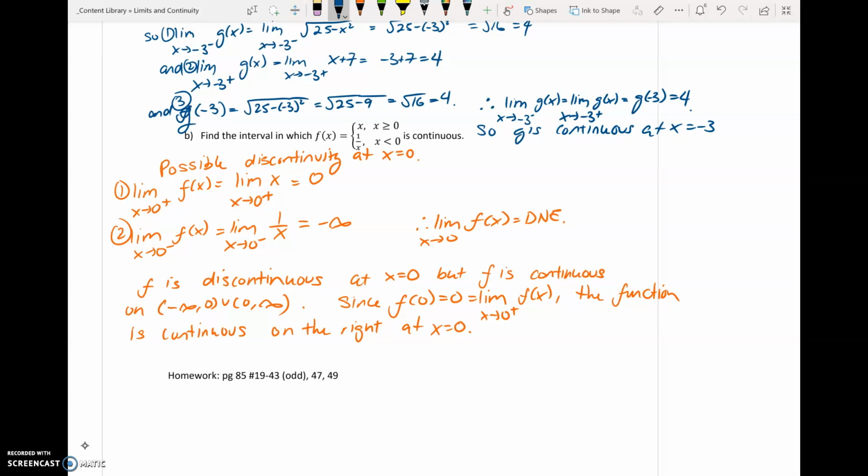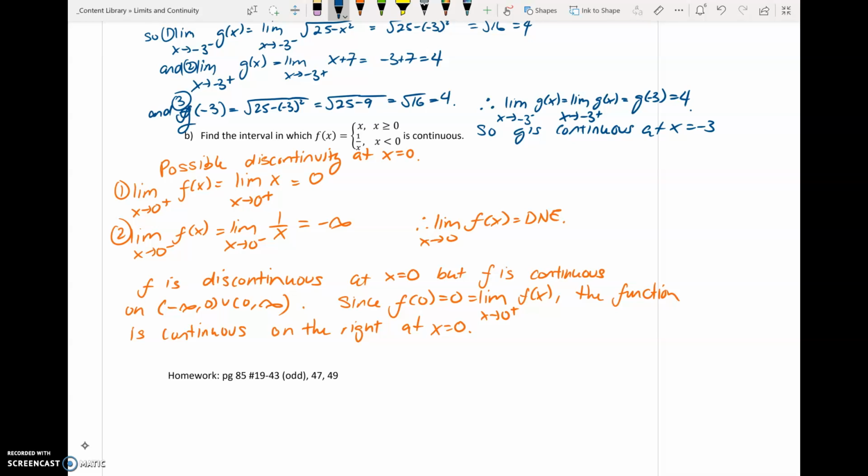And the only problem point would be when we have this 1 over x, it could be discontinuous at x equals 0 because we have 0 in the denominator. So we want to show if f of x is continuous at x equals 0 or not. We find the right-hand limit exists at 0. And then you try to find the left-hand limit, but then we get negative infinity.